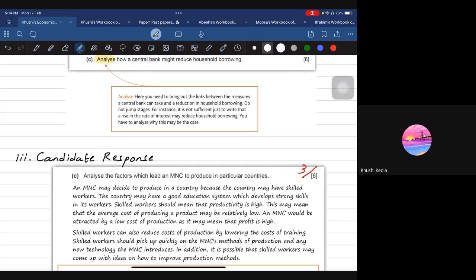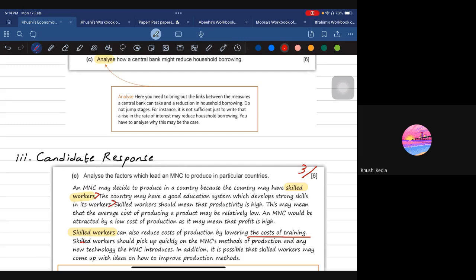Spot on. Okay, this is the same point that he was referring to, although in more detail he talked about lowering the cost of training. Here, the chain was really good. If you consider the first point, the country may have a good education system, it develops stronger skills in the workers.